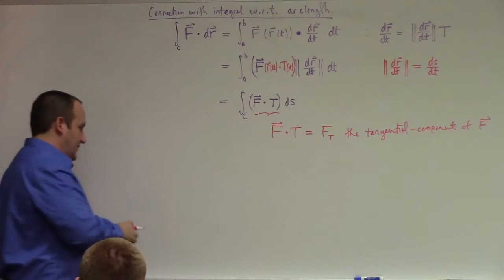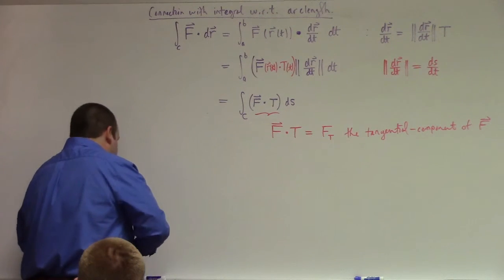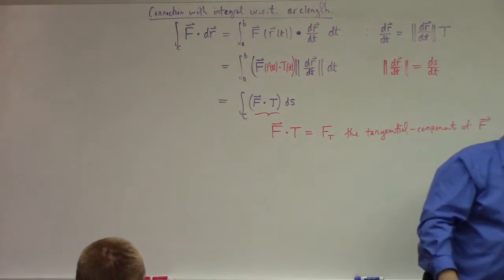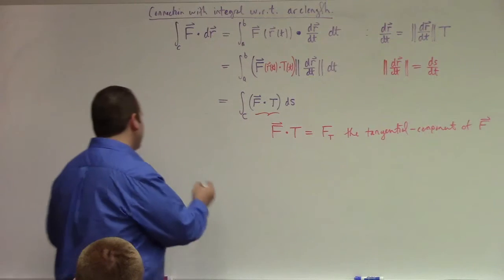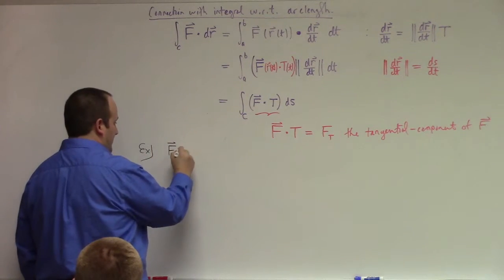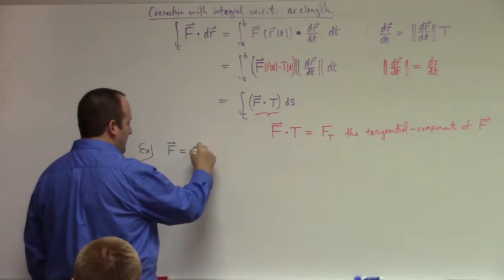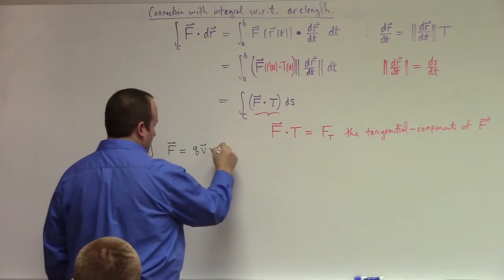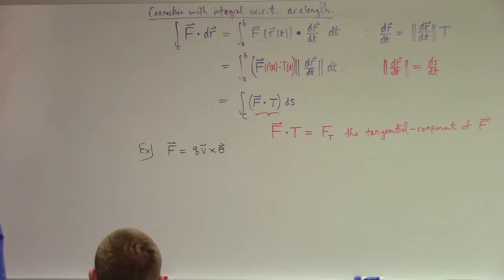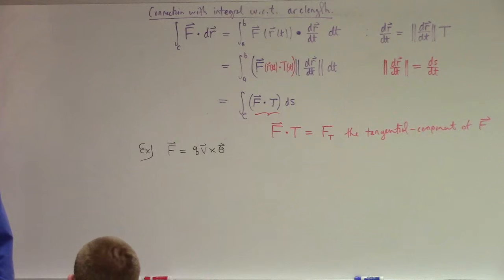To give a very easy to calculate example that's based on this, how about the force is the magnetic force, q v cross B, right? This is the magnetic force on a charge q with velocity v subject to a magnetic field B. The magnetic force is perpendicular to the velocity. This is the force law.